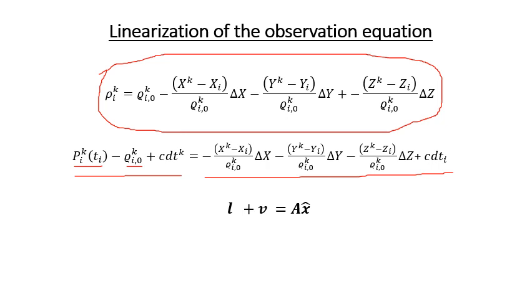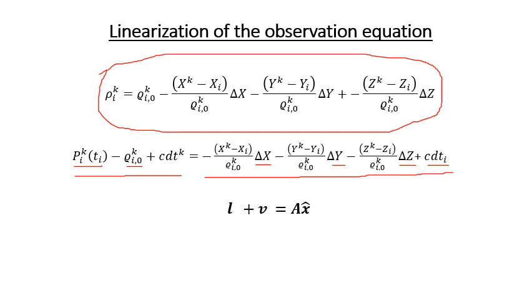And at the right hand side, our position corrections delta x, delta y, and delta z, plus the receiver's clock error are included. The 4 unknowns and their coefficients are at the right hand side.